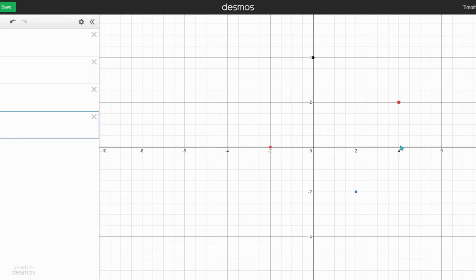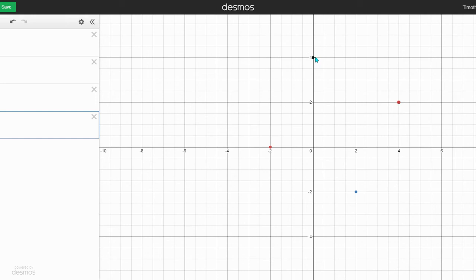One way to find out if these are parallel is to check the slope again. Run 8, rise 4. So this one here has to be parallel to this one here. Let's try it: 8 and 4.